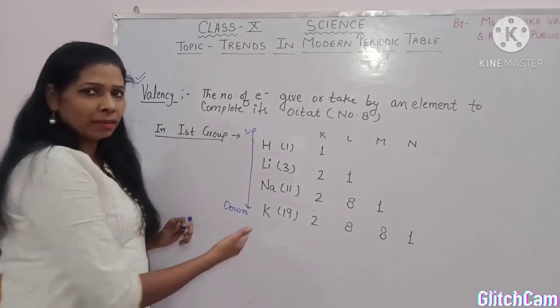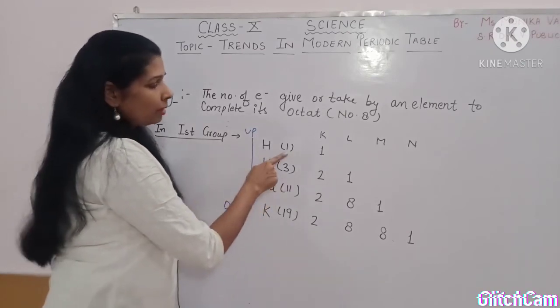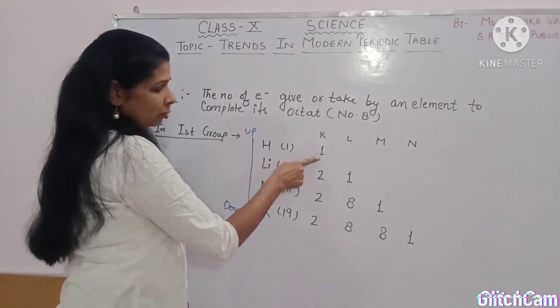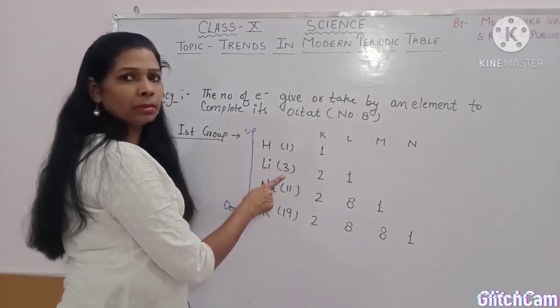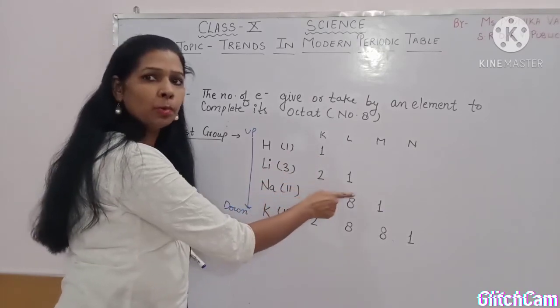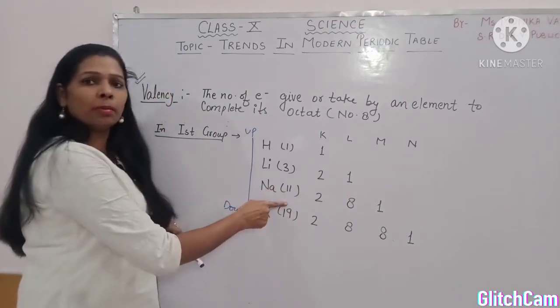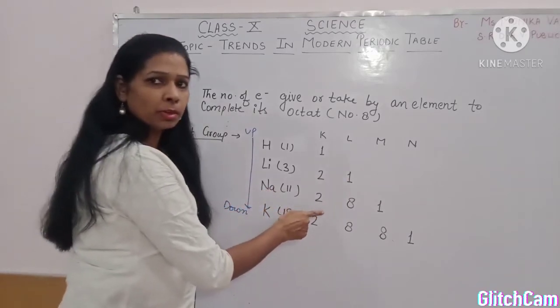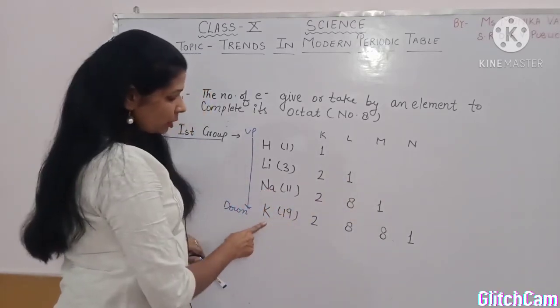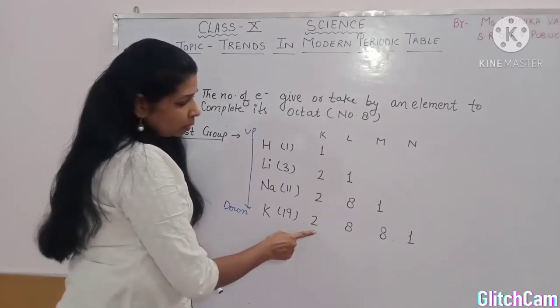So I have taken this example: hydrogen with atomic number 1, electronic distribution 1; lithium with atomic number 3, electronic distribution 2, 1; sodium with atomic number 11, 2, 8, 1; potassium with atomic number 19, 2, 8, 8, 1.